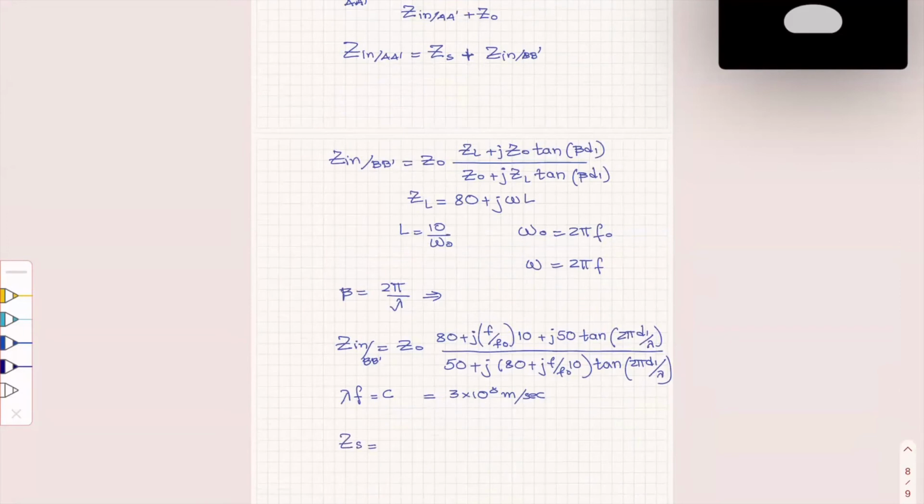How much now is this ZB? This is the input impedance of an open-ended stub, and based on what I gave you in this class, this is going to be ZS cotangent beta DS, where ZS is minus J Z naught, which is 50 ohms, cotangent 2 pi ds over lambda.